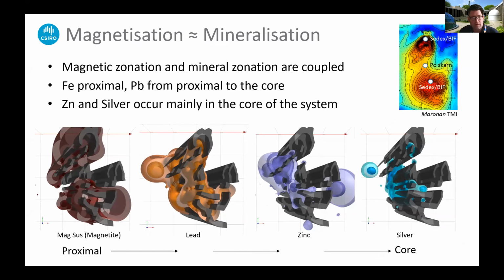On the left, the red shells are mapping magnetite. You can see those big magnetite blobs to the north and south of the ore. And then the lead is running from the proximal iron-rich zone into the core of the system, and the zinc and the silver are much more restricted to the core. So in this case, the petrophysics is related to the mineral distribution.